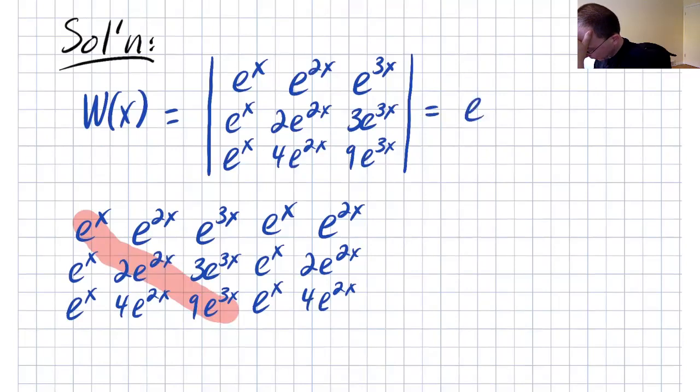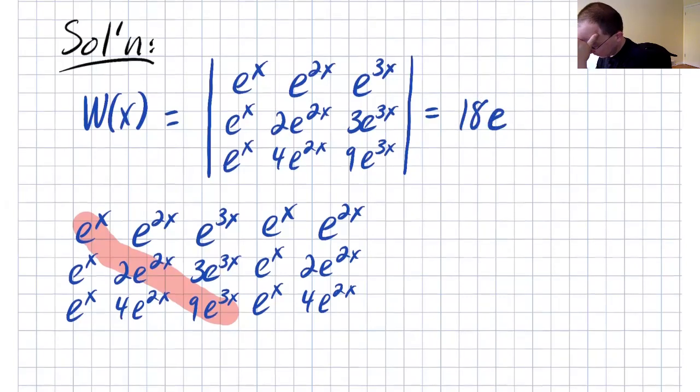Well, what is the product of that? Let's do it in our heads. So 1 times 2 times 9 is 18. And then what do we get when we multiply e^x, e^{2x}, e^{3x}? We're going to add the exponents. So we'll get e^{6x}.